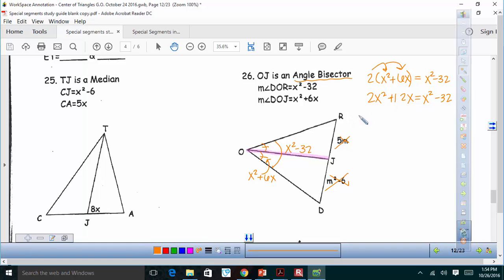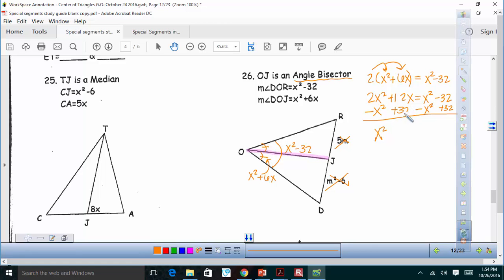Okay, so if we have x squared, what does that mean we're going to have to do? Factor. So if we factor, we have to get everything where? On one side. So I'm going to take this x squared and move it to the left and combine it with its like term. So 2x squared minus x squared is just x squared. Then I also want to move 32 over, so I'd add 32 to both sides.